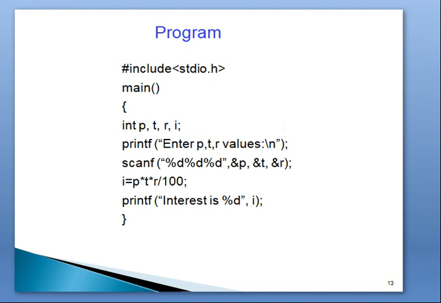In the control string, three conversion characters are written, comma, three arguments are written: ampersand p, ampersand t, comma, ampersand r. Address of p, address of t, comma, address of r.